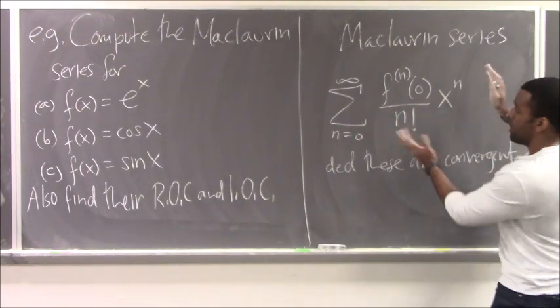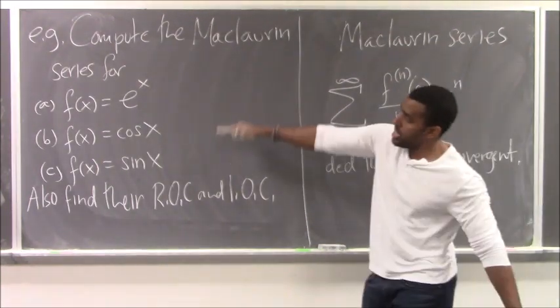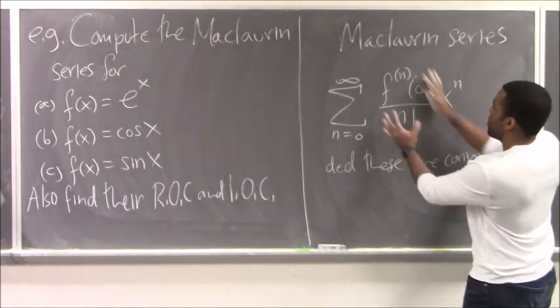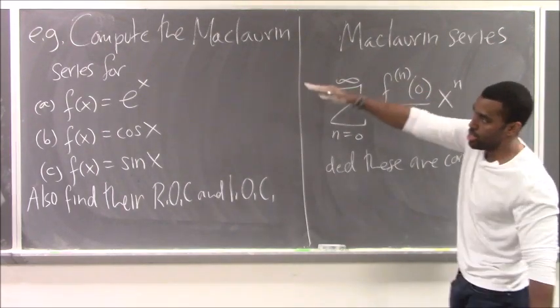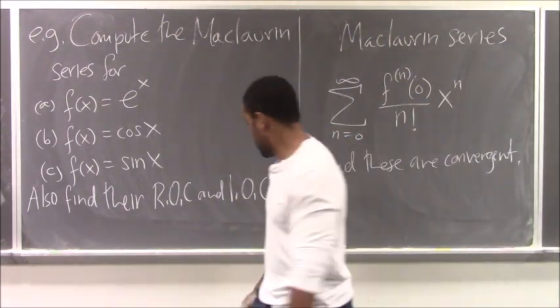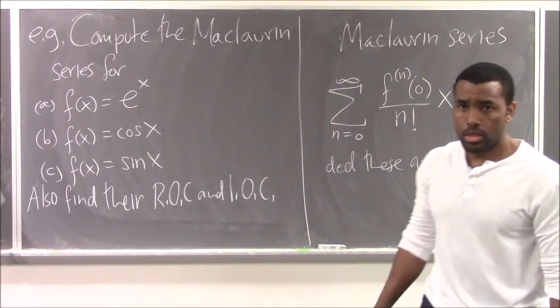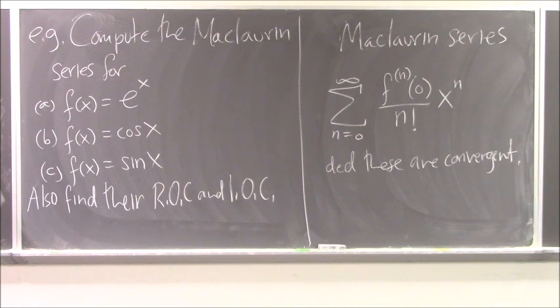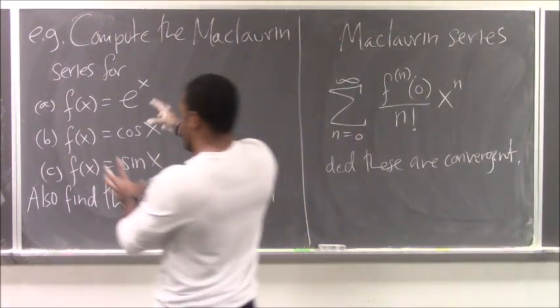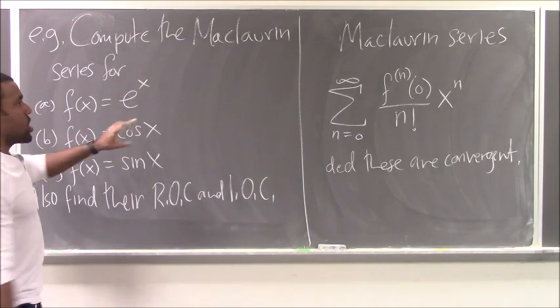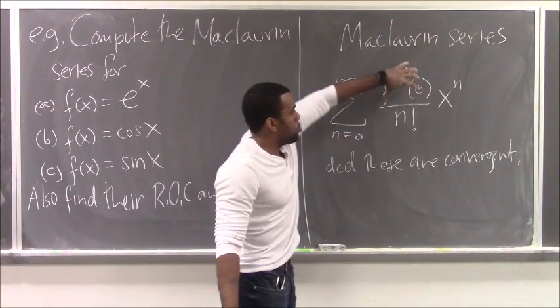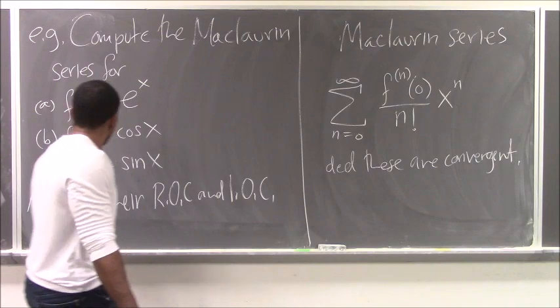So actually try to apply this formula to these functions and come up with a specific power series that you think can represent these functions. So I'll give you some space to copy that down and get out of the way here. You want to find a general way to talk about their nth derivative evaluated at 0, and you're going to plug that in right there.